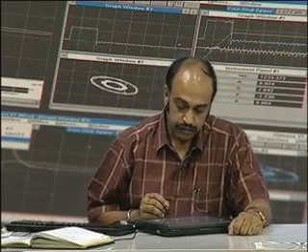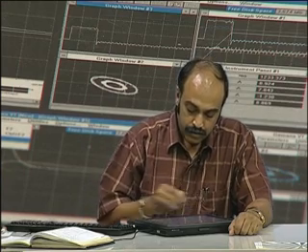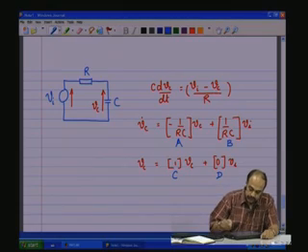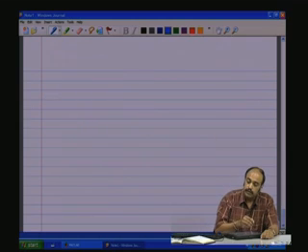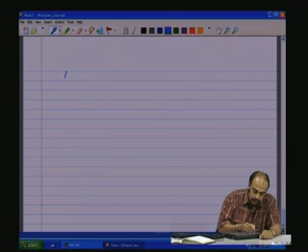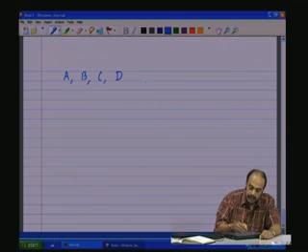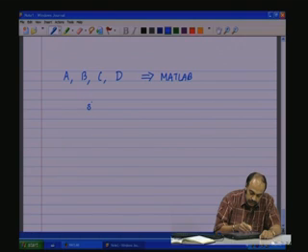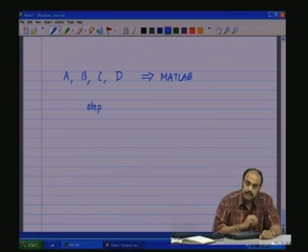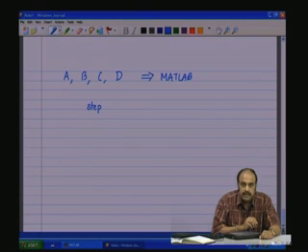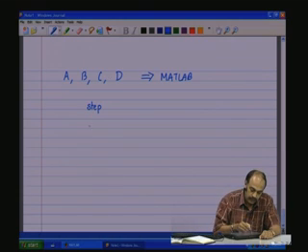Coming back to the board here, there are 3 domains, as I told: the time domain, the frequency domain, the pole zero domain. After having inputted the A matrix, the B matrix, the C matrix and the D matrix into MATLAB, we will use 3 major tools. One is the step function to obtain the step response of the system.